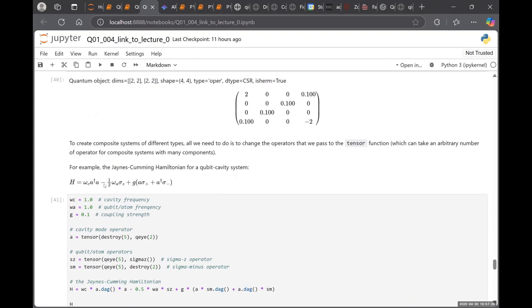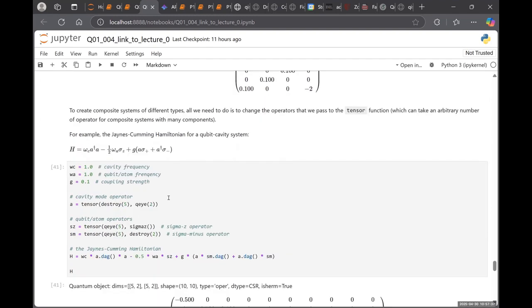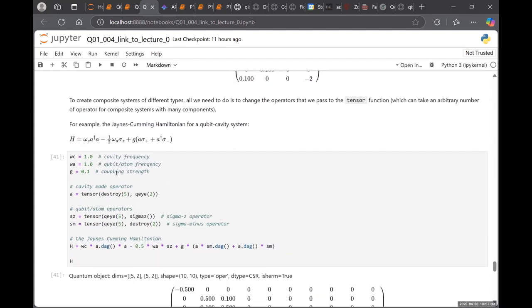But you could actually have these kinds of Hamiltonians. One object is a harmonic oscillator, so you use A dagger. The other object is a Pauli Z spin, and then you can have them interact.